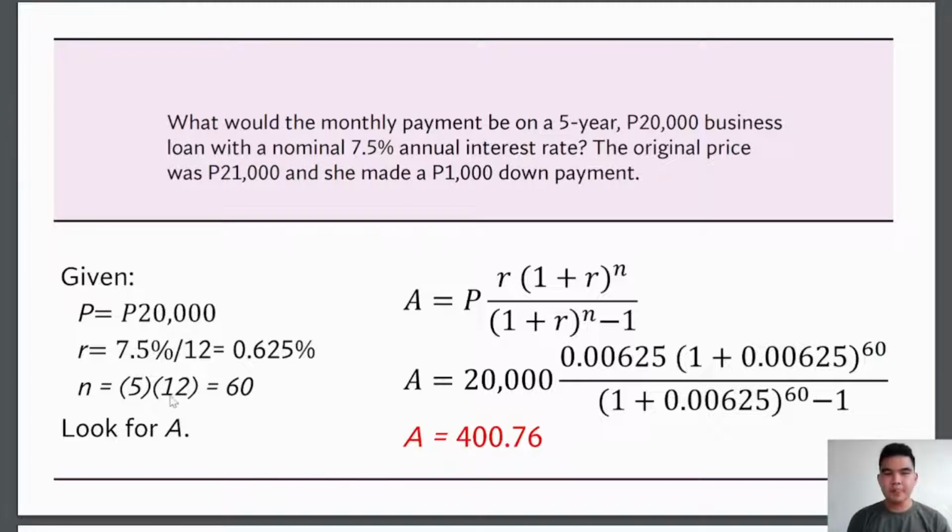So now, let's solve the problem. As you can look at the screen, we got the answer of 400.76. So I hope that we have helped you in your problem.